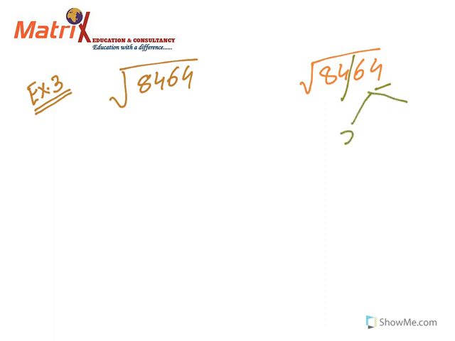Now 2 square or 8 square. Or else we can do 10 minus 2, we still get 8. Or if we found 8, we can do 10 minus 8, that gives me 2. So definitely there will be two numbers which make it a perfect square.